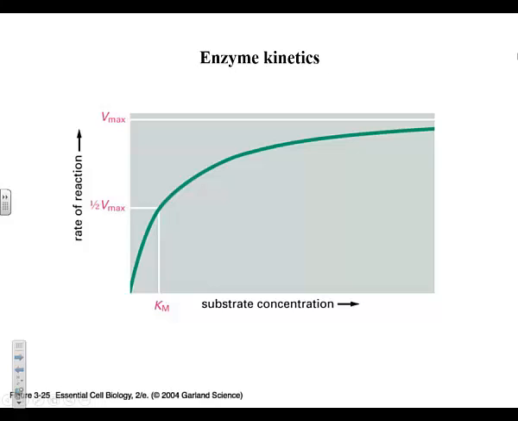So the Km, M being Michaelis, this is the constant that he figured out, is actually the concentration of the substrate, here on the x-axis, so what the enzyme binds, when the enzyme is at half of its maximum speed, half of the rate of reaction.